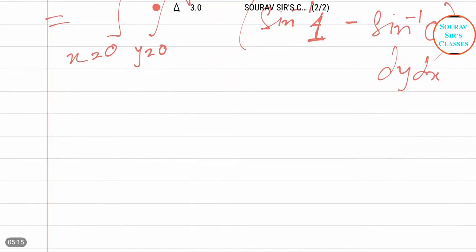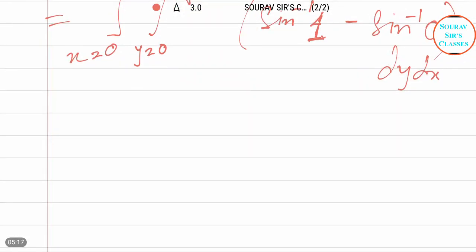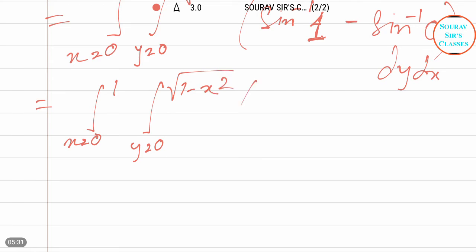Now from this again we can rewrite it as integration x equals 0 to 1 and y equals 0 to root over 1 minus x square, and from that we can write here the value is pi by 2 dy dx.